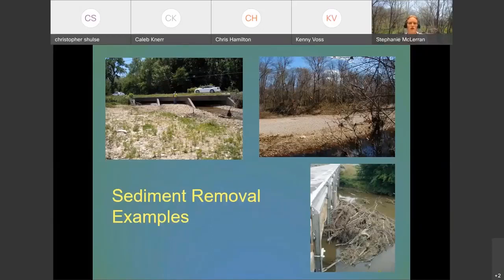But if there's something at that location that would trigger a PCN, then we might have to write one. So for scenarios like this, it's always good to run it by us. Just call your environmental contact and let them know you have to do a clean out at this spot. They can do a quick desktop review and see if there's anything that would trigger a PCN, or if it just falls under the permit with no notification to the Corps required.